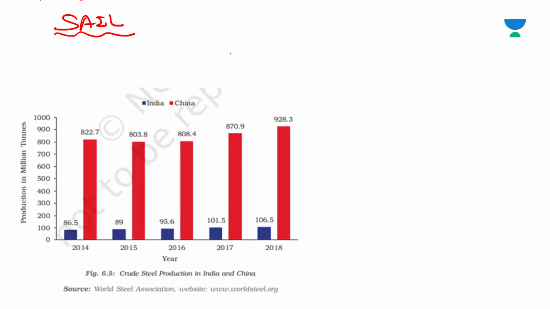Chota Nagpur Plateau region has the maximum concentration of iron and steel industries, largely because of the relative advantages this region has for the development of this industry.